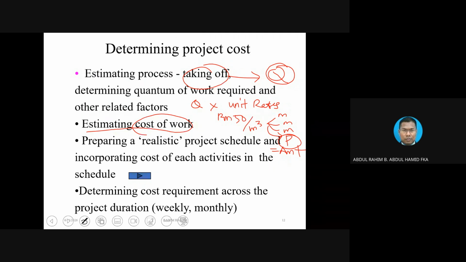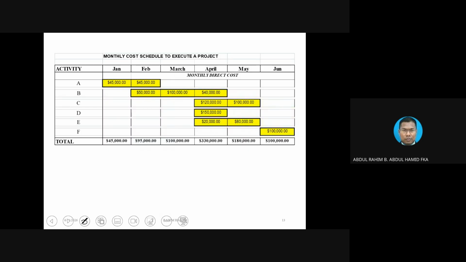So it depends on how you distribute the cost as per the duration of the task. Okay, let's take a look at this example. Let's say we have a cost column here. A, let's say 90K.